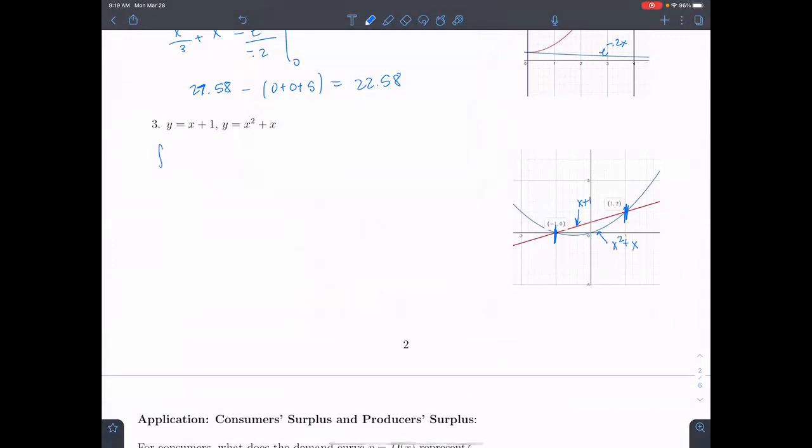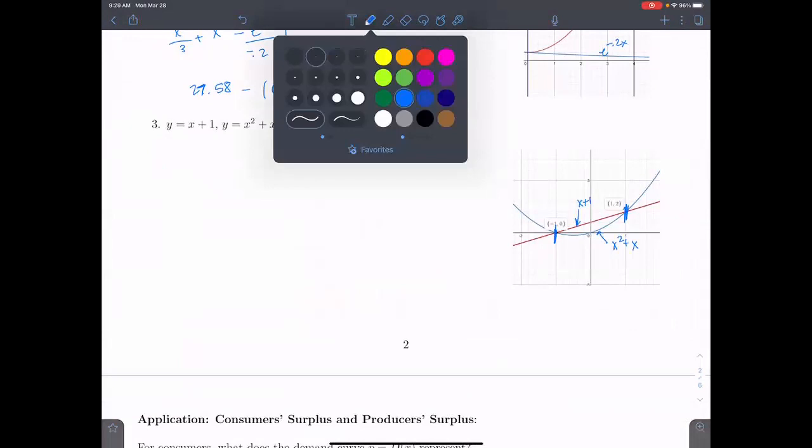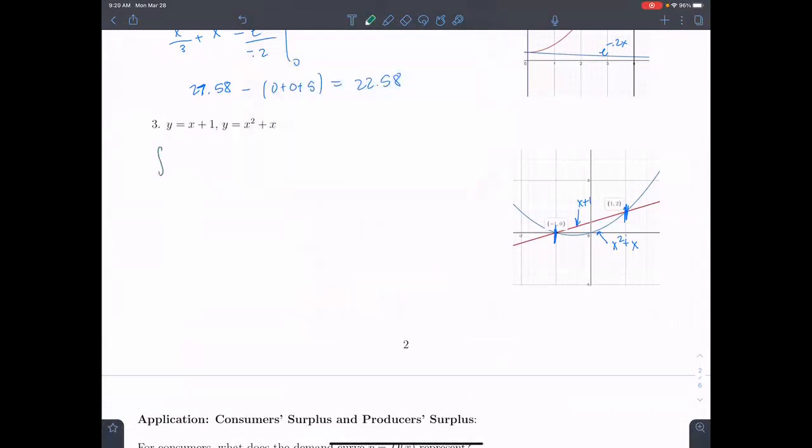So we're going to do the integral, choose a different color, green, the integral from negative 1 to 1 of top minus bottom. Here, that's the integral from negative 1 to 1 of x plus 1 minus x squared plus x dx.